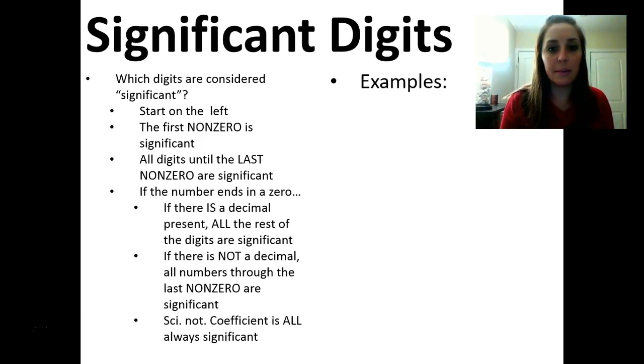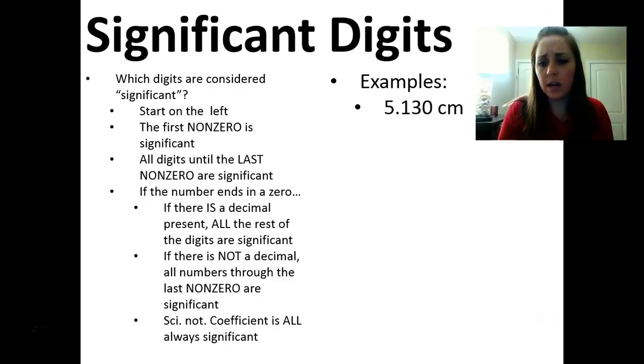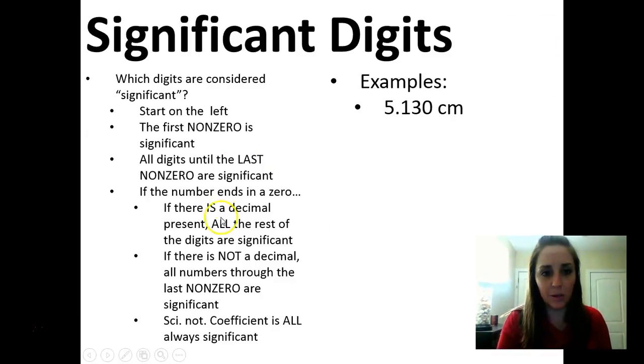So let's go through some examples. Say we have 5.130 centimeters. I kept the rules over here if you want to reference them. When I start from left to right, my very first non-zero here is this 5. And then my 1's a non-zero, my 3's a non-zero. This is a 0. So I'm going to highlight from my first to last non-zero.